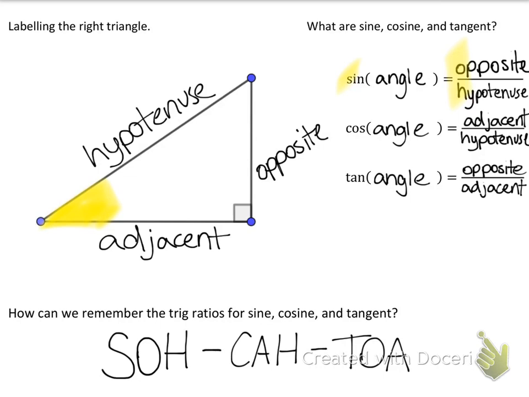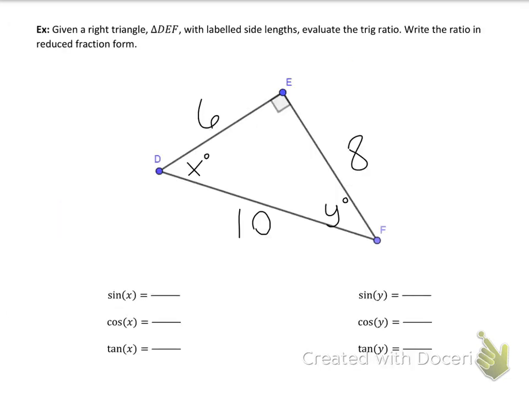For CA, we can see C-A-H, cosine, adjacent, hypotenuse. And for TOA, we can see T-O-A, tangent, opposite, adjacent.